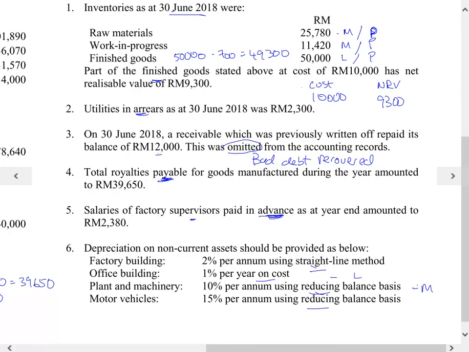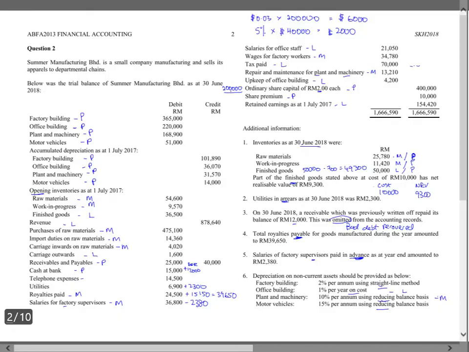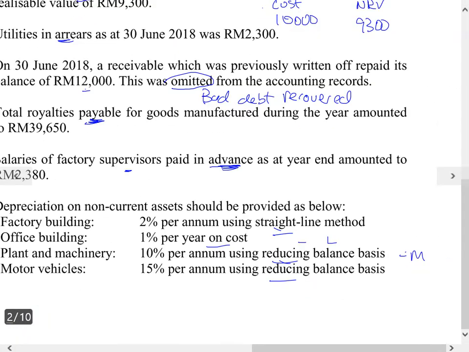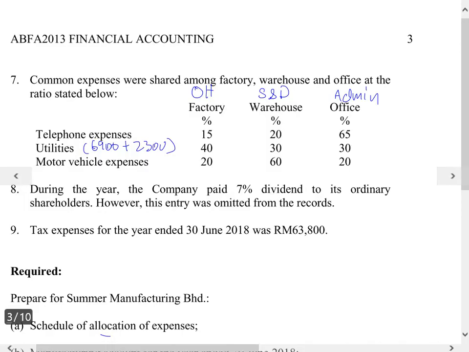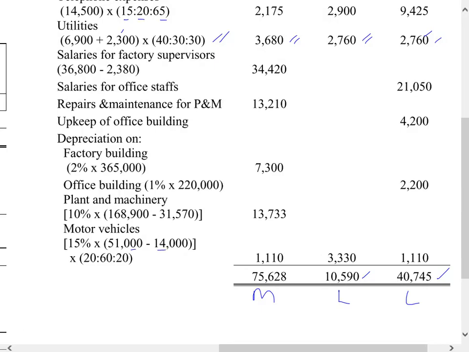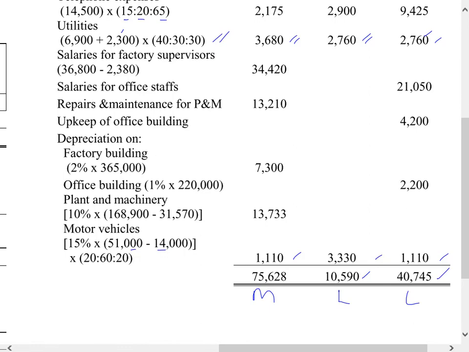Factory, motor vehicle. Factory, straight to manufacturing because it's factory. Motor vehicle, the depreciation will be 262. Understand? So if you refer to the answer here, motor vehicle, the depreciation is reducing balance, 15% on net book value, 262.